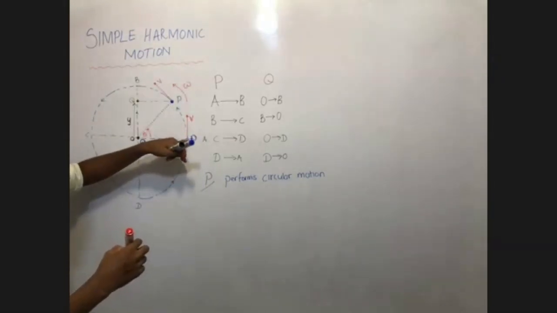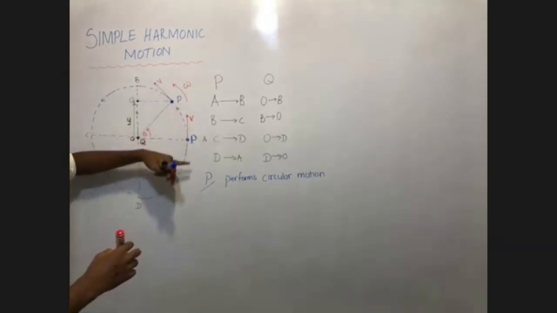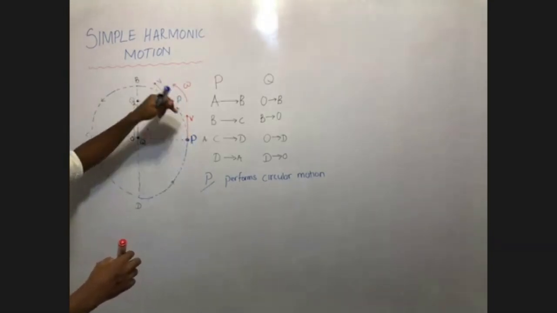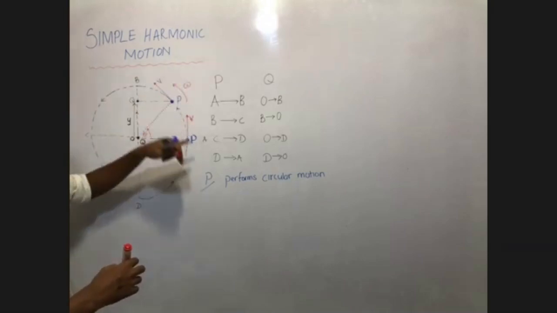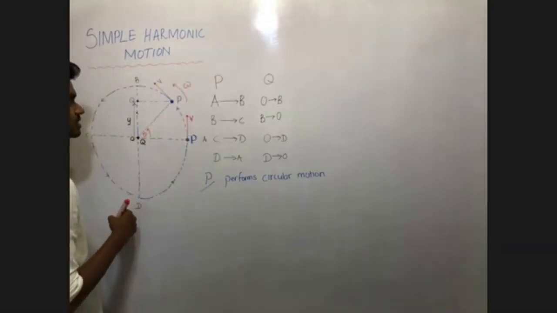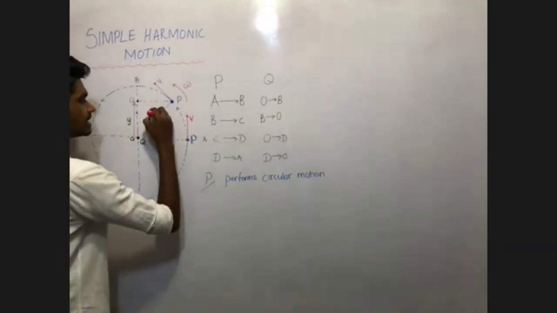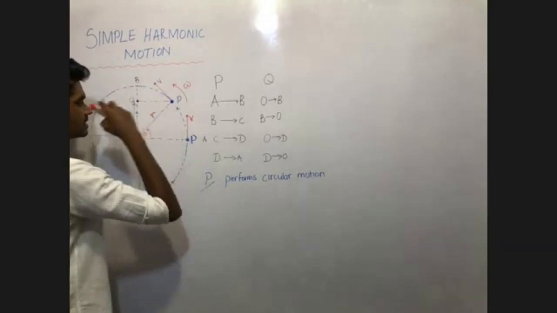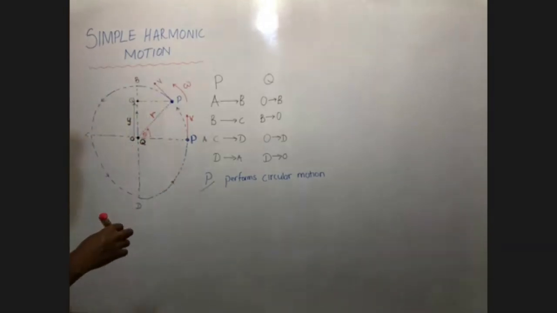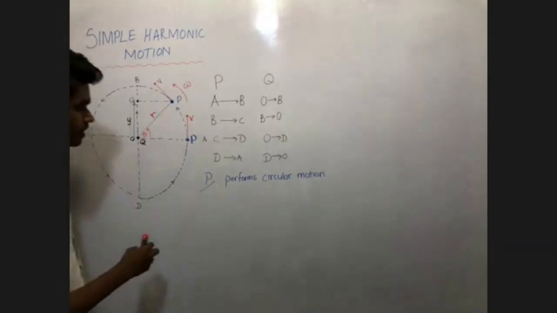So when P is performing a circular motion, it will have a tangential velocity V and an angular velocity omega, right? So those things are known. And if this is the radius, we can deal with it.